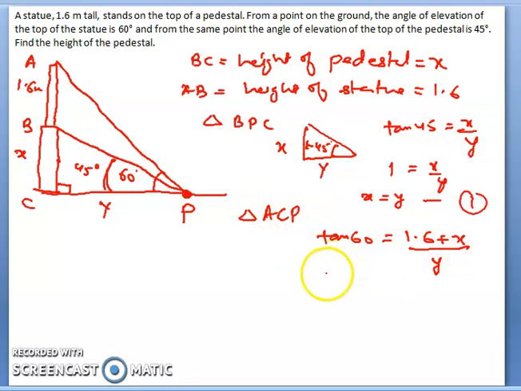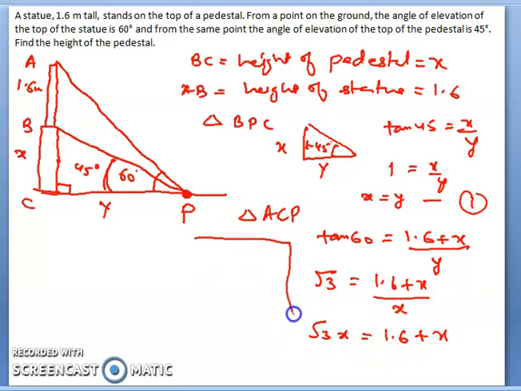Now tan 60 is how much? Root 3. So root 3 is equal to 1.6 plus x upon y, and what is the value of y? x, right? So we can substitute the value of y. Now we can do cross multiplication. Root 3 x is equal to 1.6 plus x.